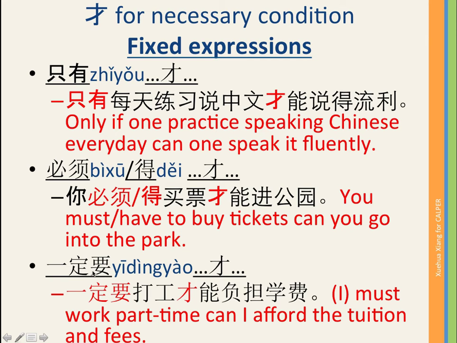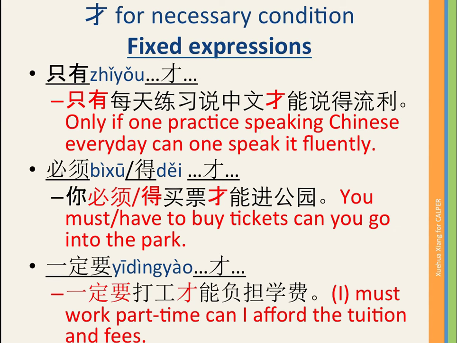Third one, 一定要 一定 must, absolutely, 要 need to. So you must absolutely do this, will this happen. 一定要打工才能负担学费. So for a lot of us, we must work part-time, 打工 working part-time. Can we afford the tuition and fees? 学费 tuition and fees. 一定要打工才能负担学费.